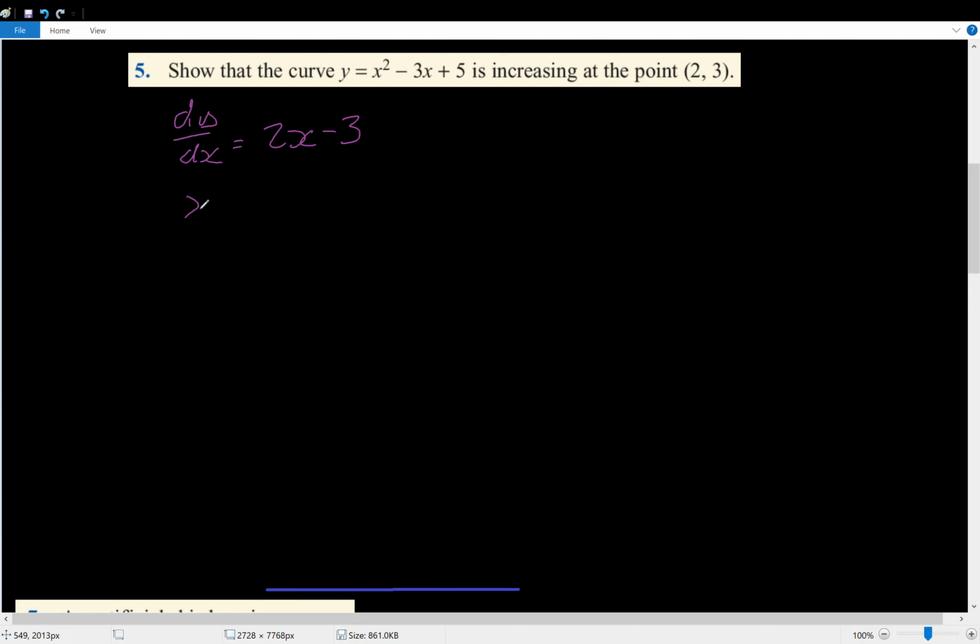So we're going to say when x equals 2, we get 2 times 2 minus 3, which is equal to 4 minus 3, which is equal to 1. And since 1 is greater than 0, we can therefore say that y is increasing.